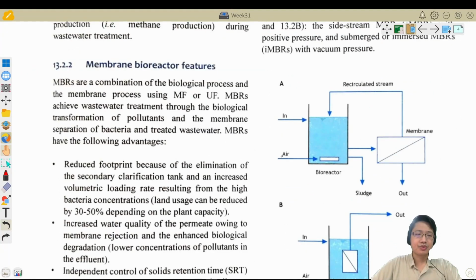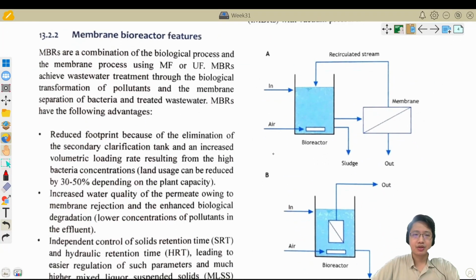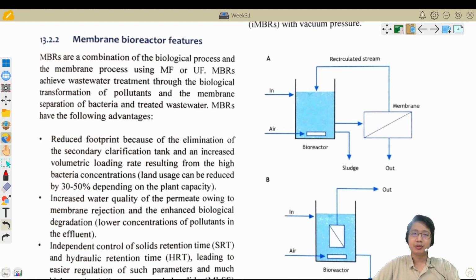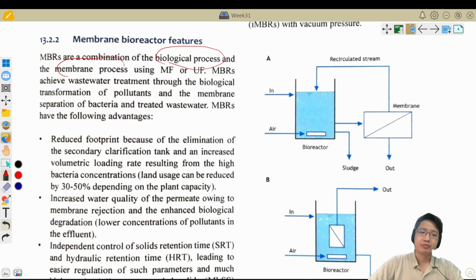In section 13.2.2, we're going to talk about the membrane bioreactor features, including the advantages of membrane bioreactors compared to the traditional activated sludge system. Okay, so we already know that the MBR is the combination of the biological process and the membrane process. The biological process is the activated sludge process.